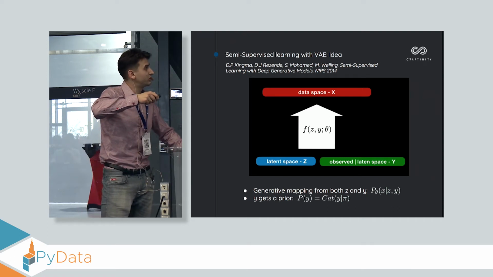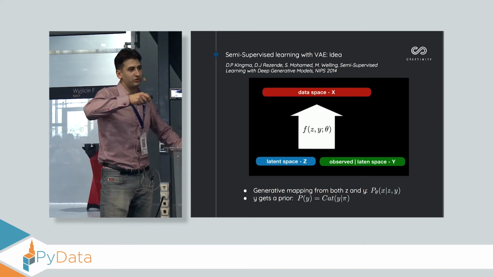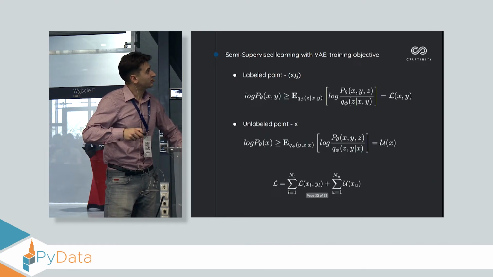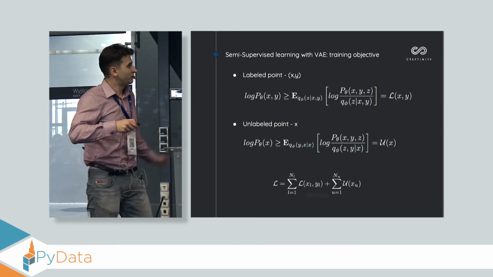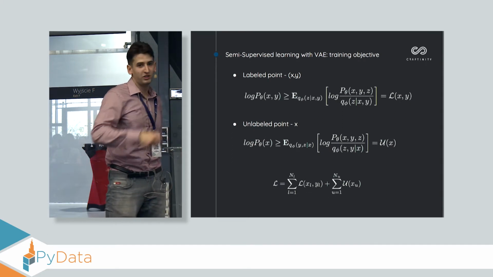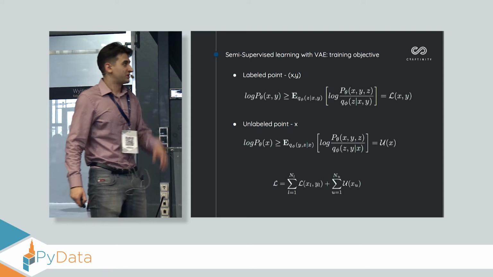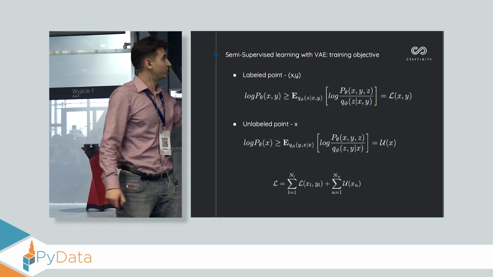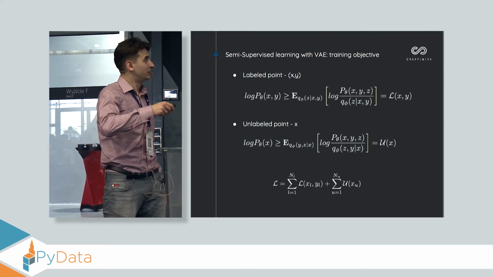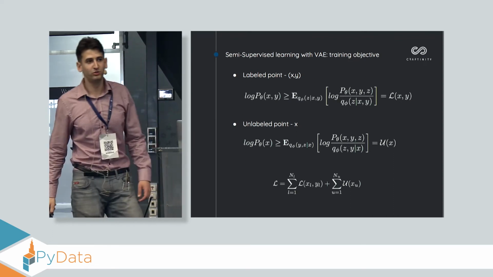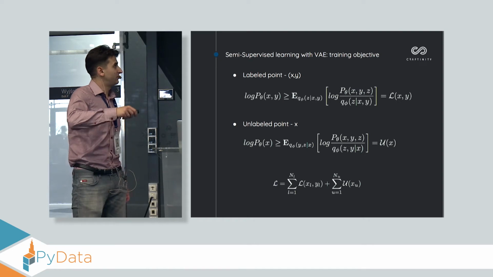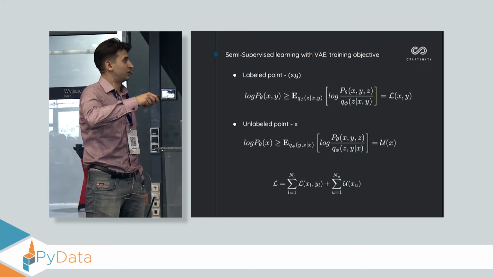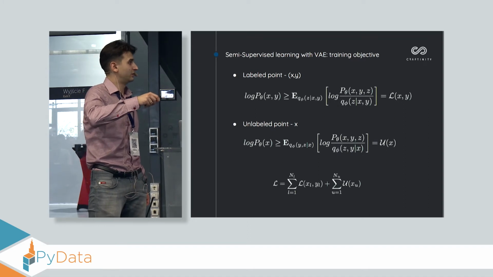So now the neural net takes input of both types. Similarly to training the VAE in an unsupervised way, here we also optimize the lower bound for each data point, and depending on whether the point has a label or not, we are either bounding the joint distribution of X and the label, or, if the point is unlabeled, we lower bound only P of X.